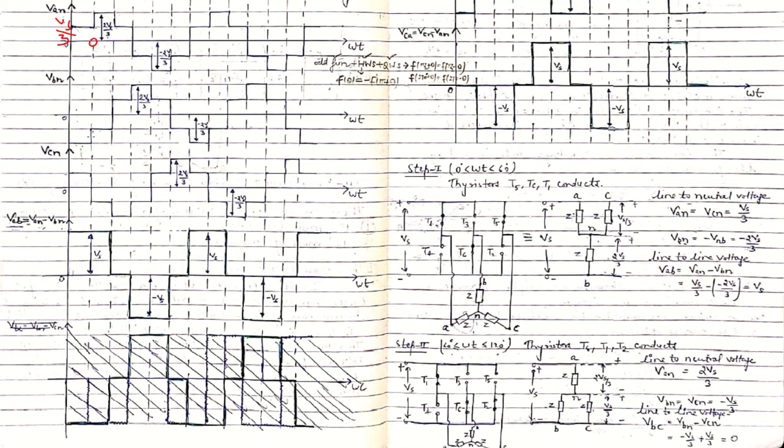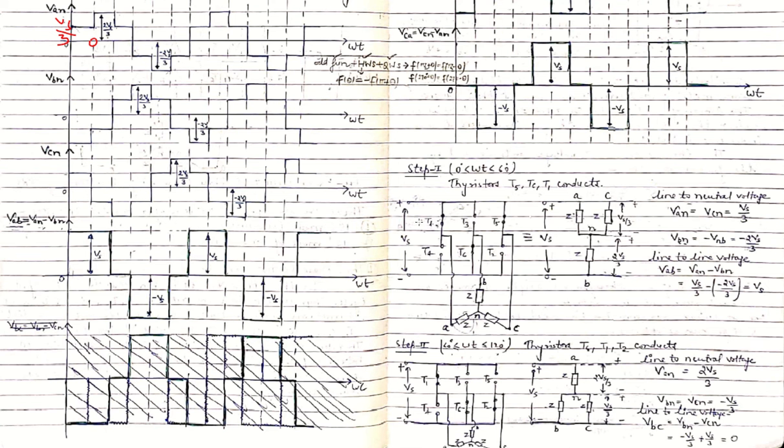And this Vbn starts from minus 2 Vs by 3, but in this second step it comes to minus Vs by 3. So it is minus 2 Vs by 3, and after 60 degrees it will be minus Vs by 3. And what is Vcn? Vcn has a value of minus Vs by 3. So it will come from plus Vs by 3 to minus Vs by 3 after 60 degrees.